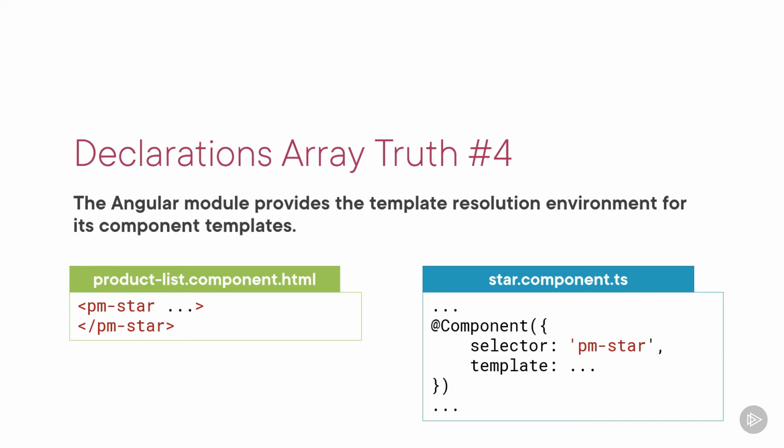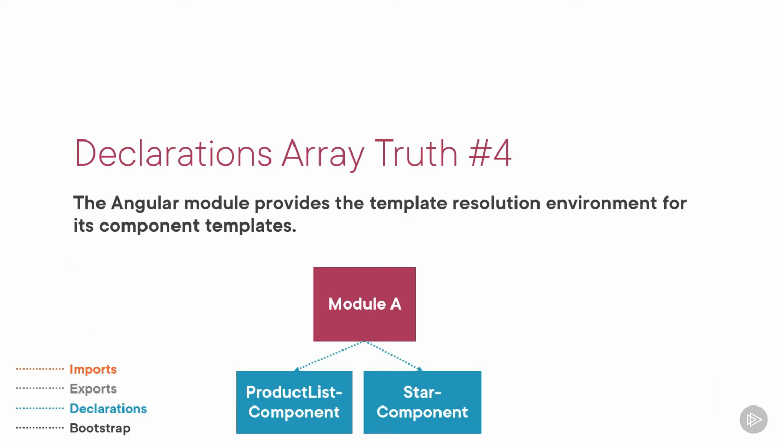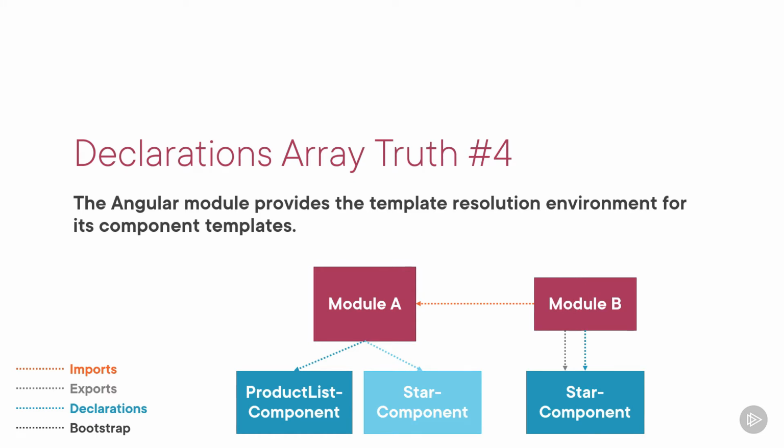If the component defining that directive is not declared within the same Angular module or exported from an imported module, Angular won't find the directive and will generate an error. For this example, the star component must be declared in the same module as the product list component, or the star component must be exported from an imported module, never both.